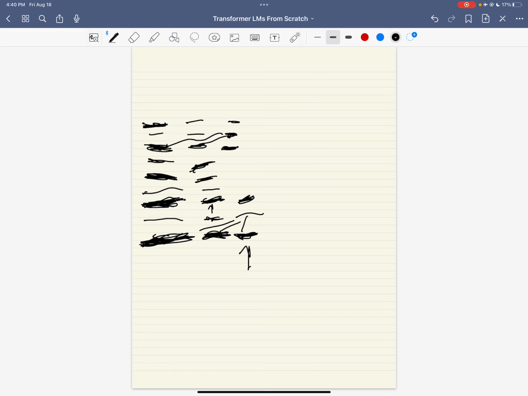And now we have a very strong language model, especially if we have enough of a hidden dimension, enough training data, and enough transformer layers stacked. That's it. That's a pretty strong language model.